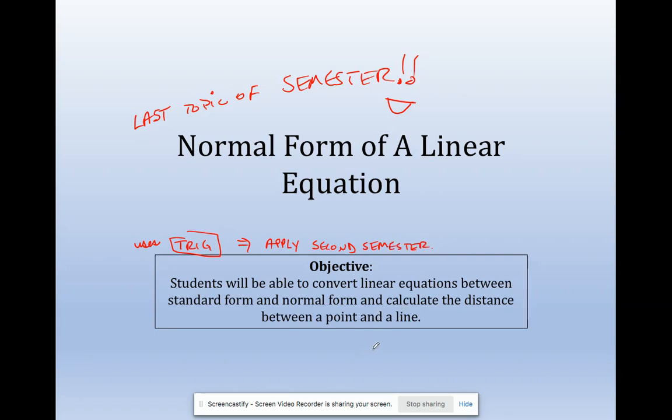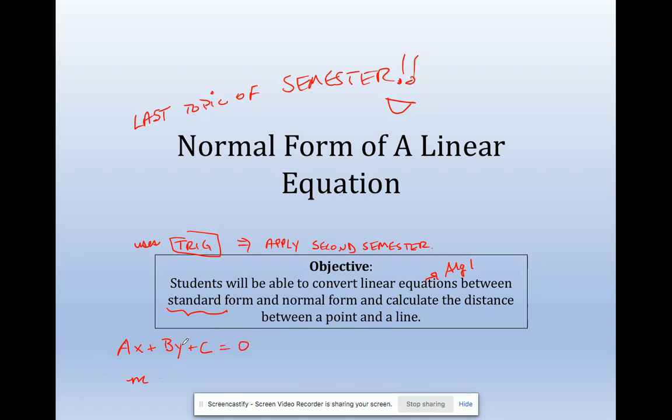Okay, so our goal is to take a linear equation from Algebra 1 and put it in standard form. That's a little bit of a lie. It'll be given to you really in standard form. And standard form, remember from AAF, was Ax plus By plus C is equal to 0.